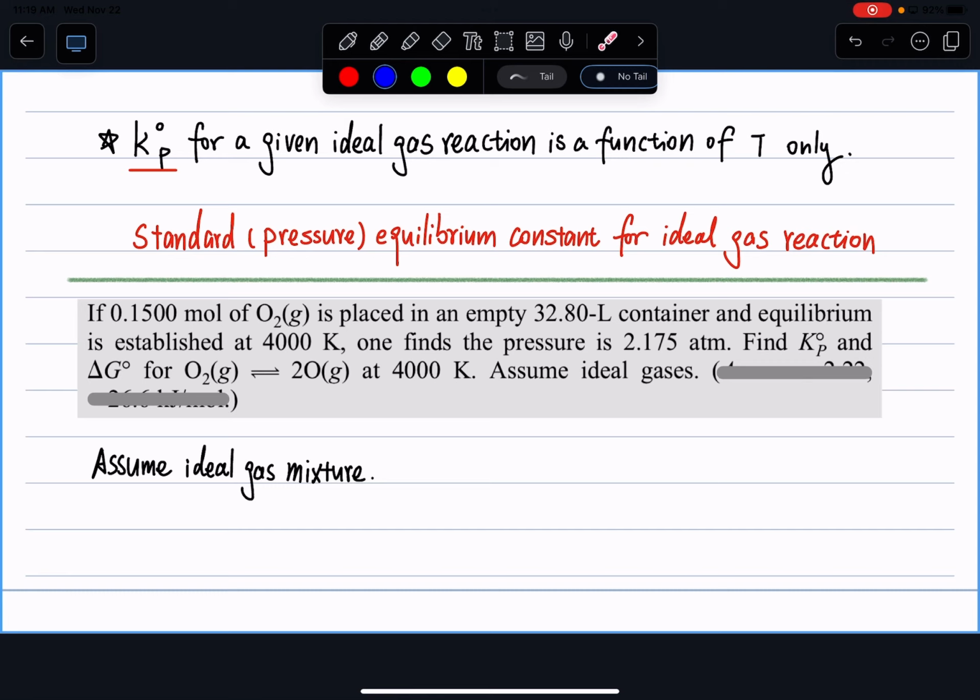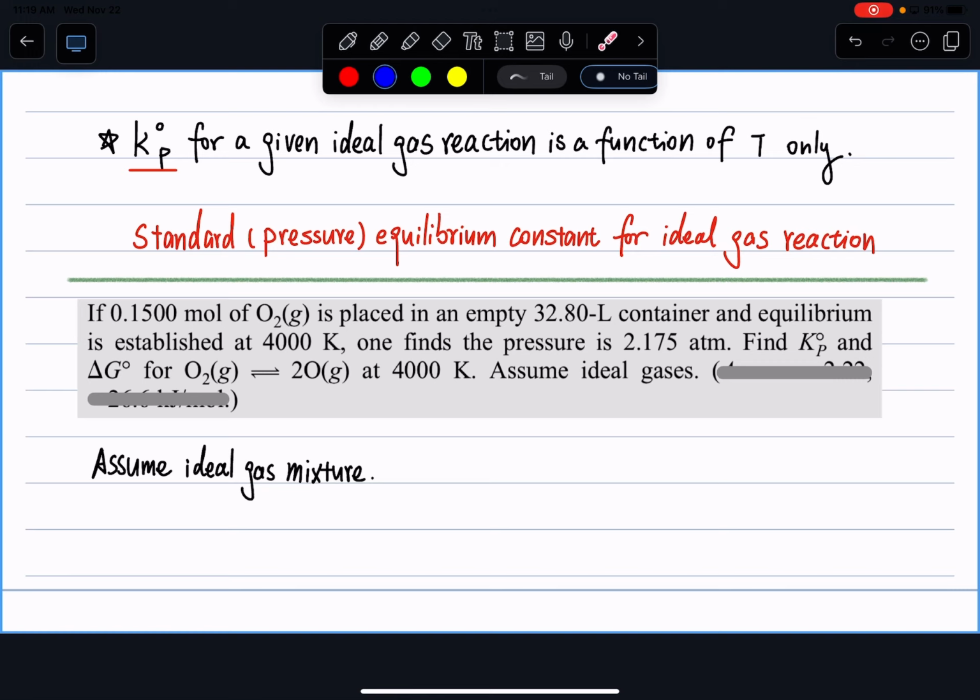A few of the things we can derive: first of all, we need to know how my reaction is taking place at equilibrium. Because we're talking about ideal gas mixtures, the first step is using PV equals N total times RT.